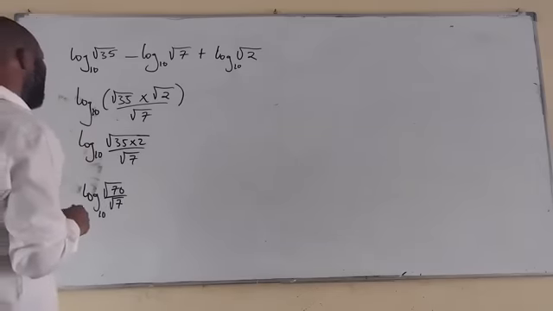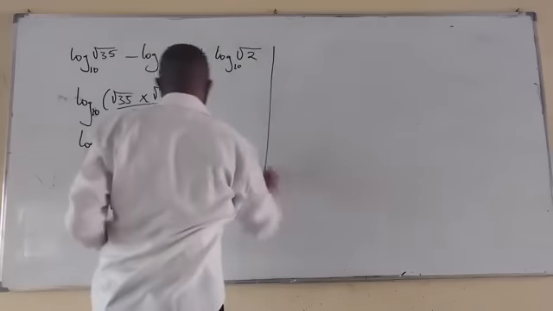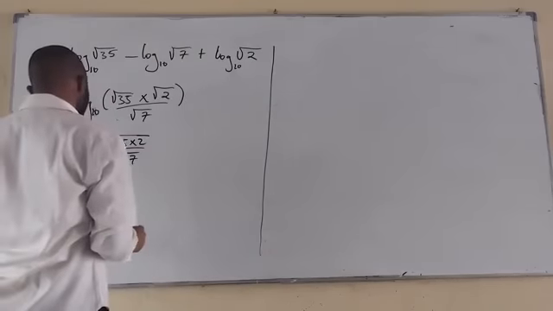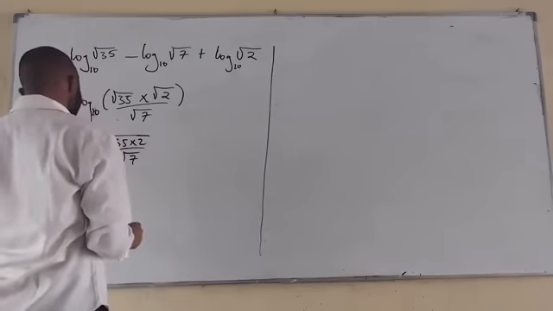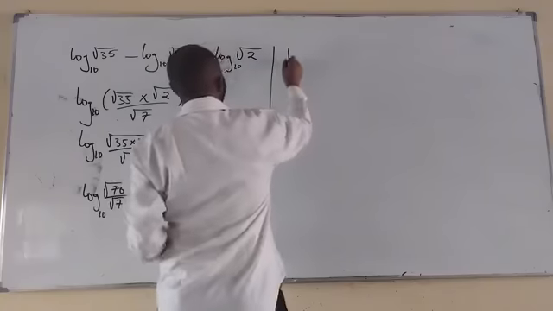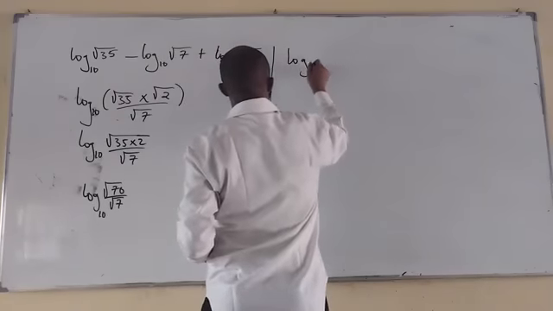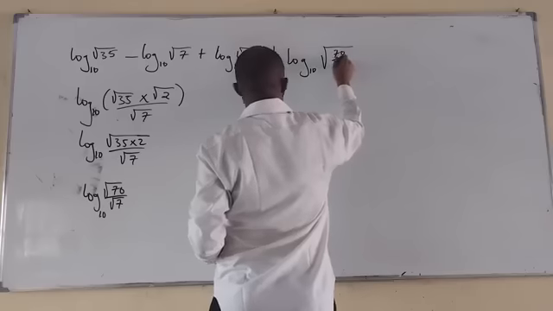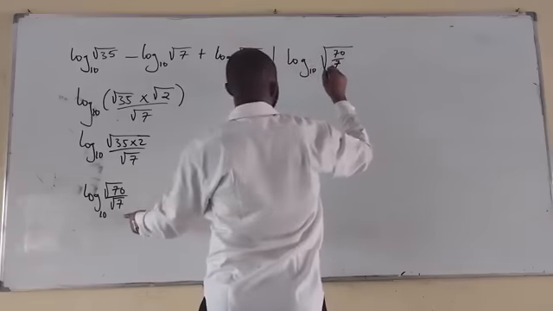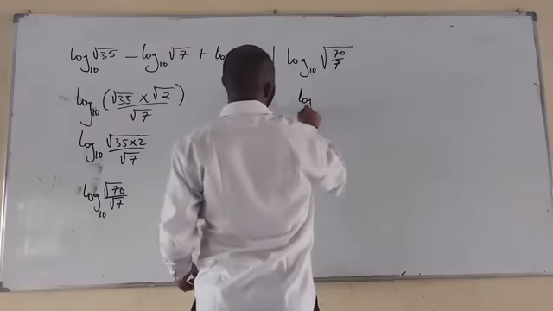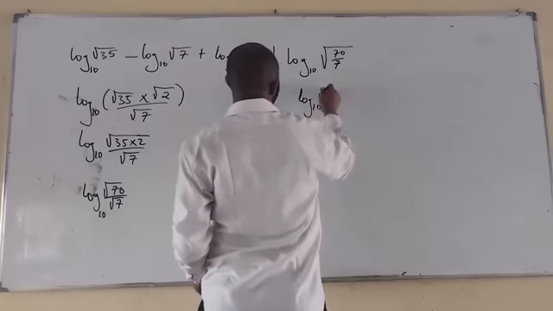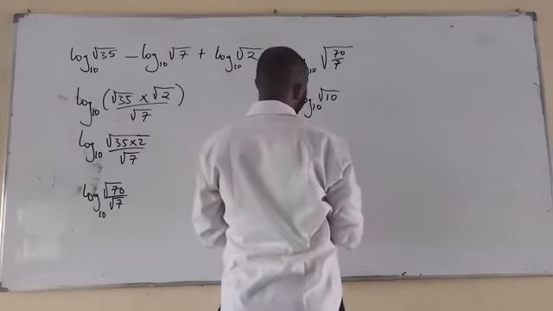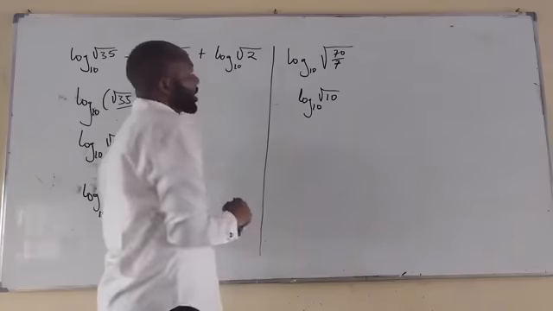Okay, now I can have this. Yeah, it's possible. Now I have my log in base 10 of root 70 over 7, that is division. Then log in base 10 of root 10. 70 divided by 7 is 10.